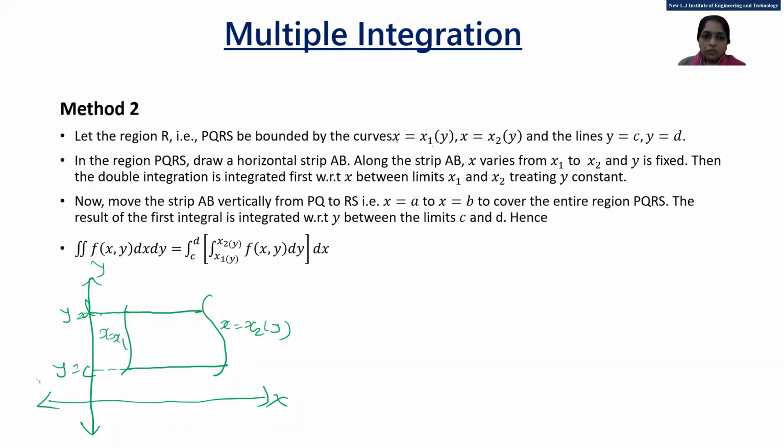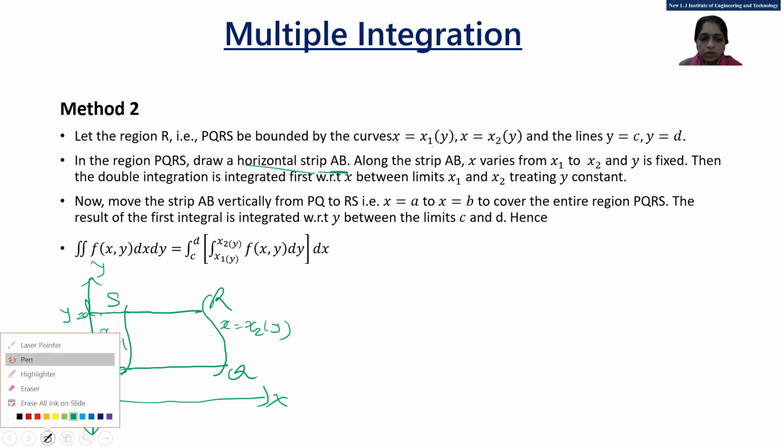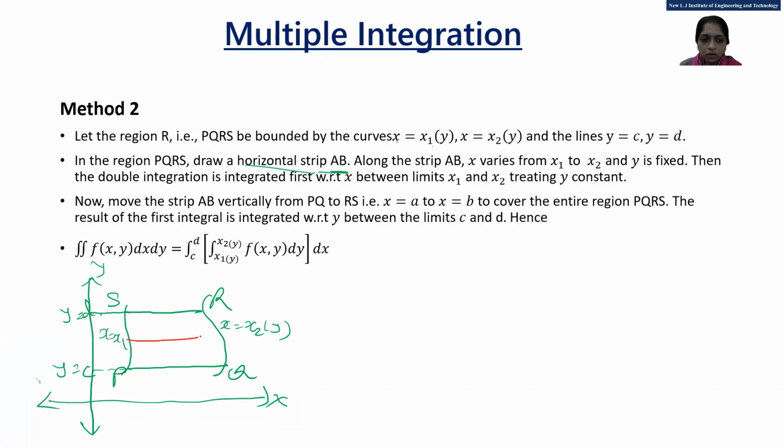So, this is P, Q, R, S. So draw a horizontal strip AB first. Suppose I draw a horizontal strip, right? Along strip AB, x varies from x1 to x2, right? At that time, y is constant.